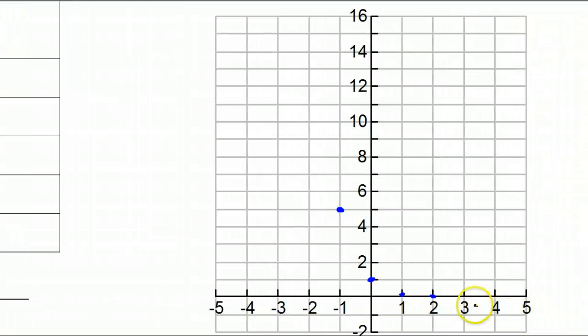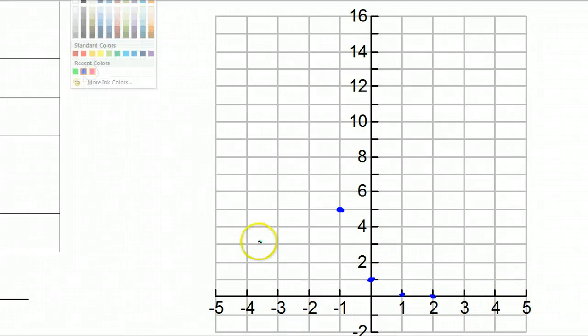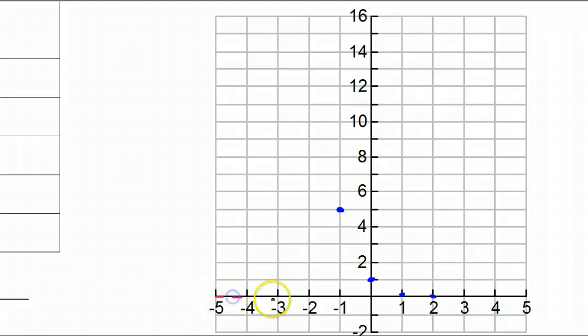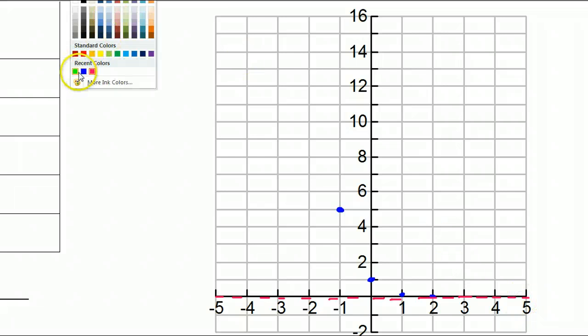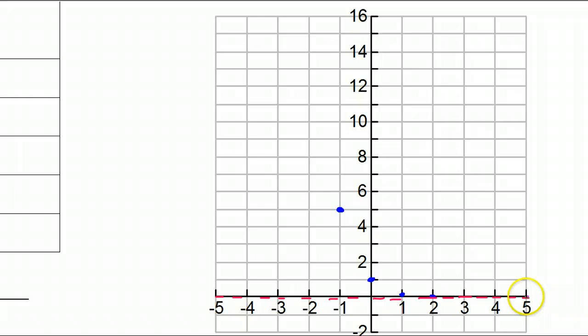And you know, it would continue like that forever. So clearly, once again, the asymptote is here on the x-axis. Go ahead and show the asymptote as a dotted line. Okay, and then the graph. So on the right hand side, you are going to appear to be tracing the asymptote, but in your mind, just know that you're not really touching it.